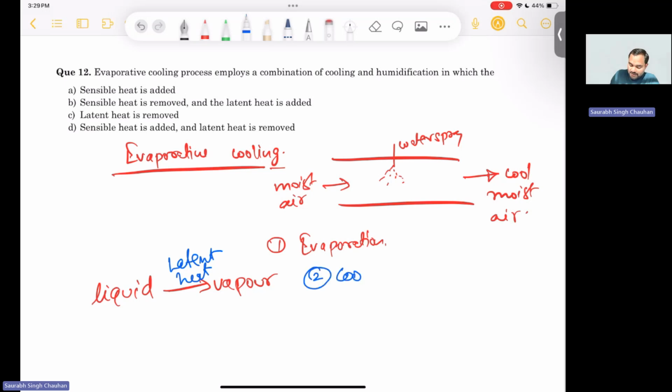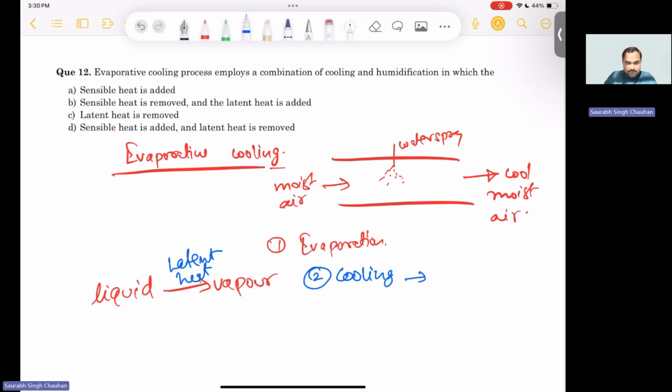And cooling means reducing the temperature. The heat associated with the temperature which you can feel is called sensible heat. From the name itself it is clear that the sensible heat can be felt, right?